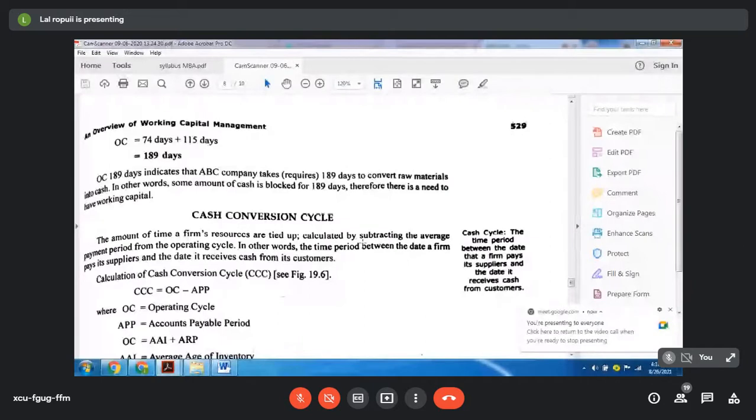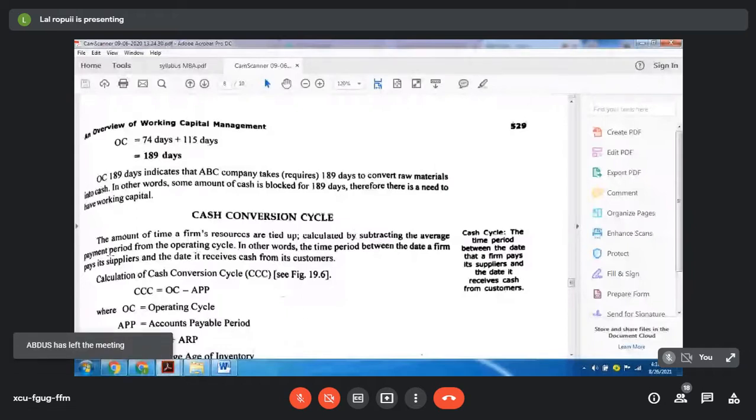Cash conversion cycle is the amount of time a firm's resources are tied up, calculated by subtracting the average payment period from the operating cycle. In other words, it is the time period between the date a firm pays its suppliers and the day it receives cash from its customers.